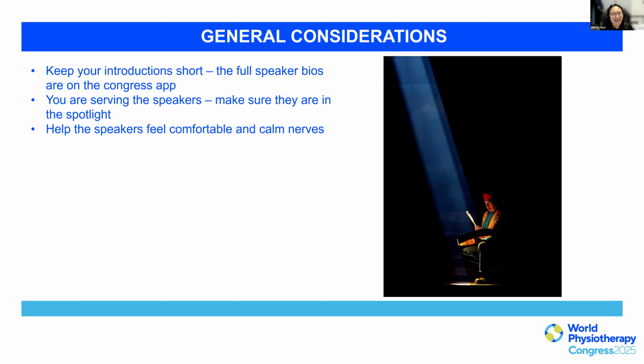So as a chair, you may help by inviting the audience to speak again, or by rephrasing their question in a way that the speaker will be able to understand. I think that's something we may consider to make the speaker feel comfortable and calm their nerves.